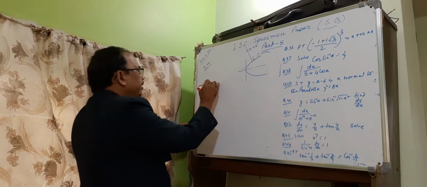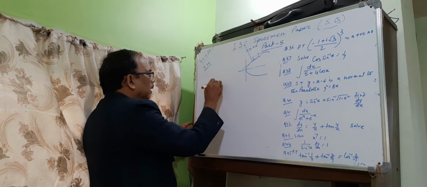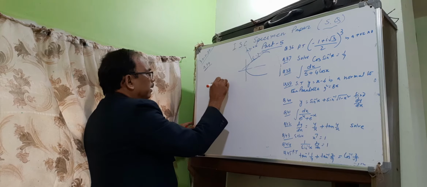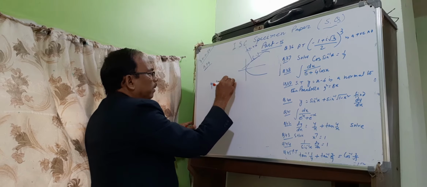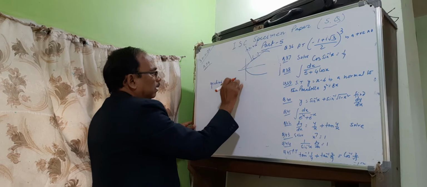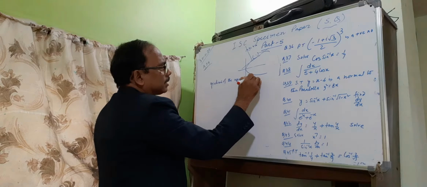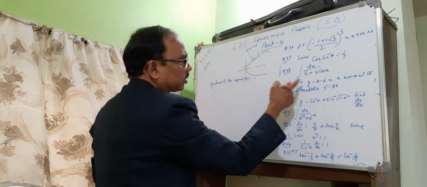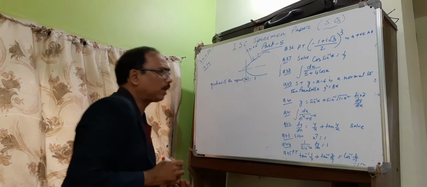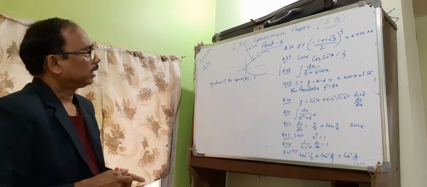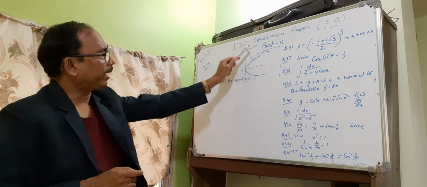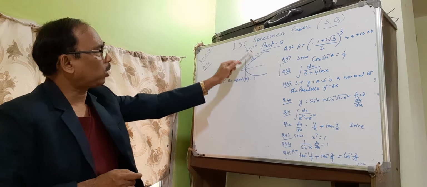Here the gradient of the normal, m is 1, y equals mx plus c, m is gradient, gradient of normal is 1. Now let us try to prove this is the normal of this parabola.